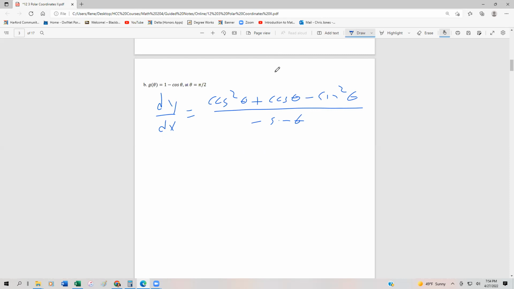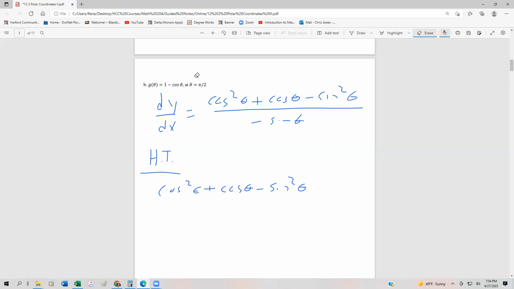Now, first of all, we want to try to get the horizontal tangents. So for the horizontal tangents, we're going to say cos square theta plus cos theta minus sine square of theta. And I think I messed that up.